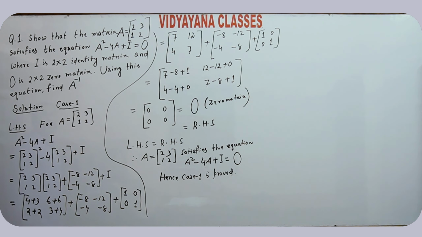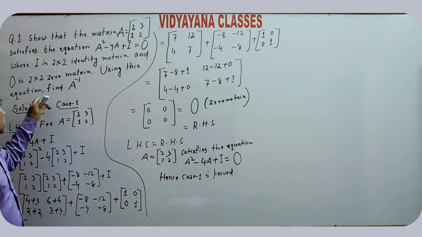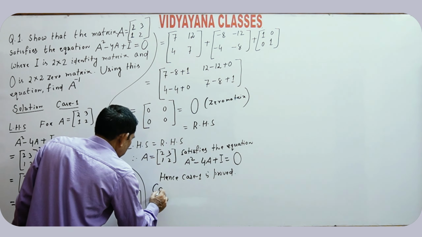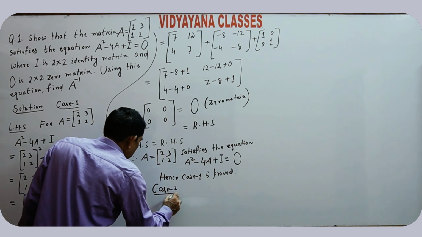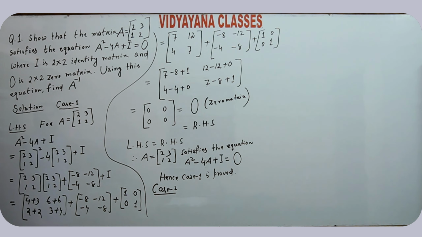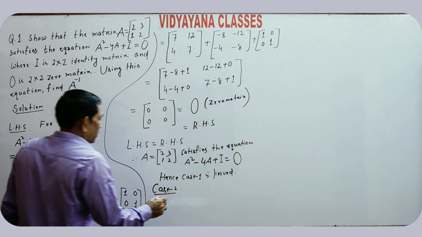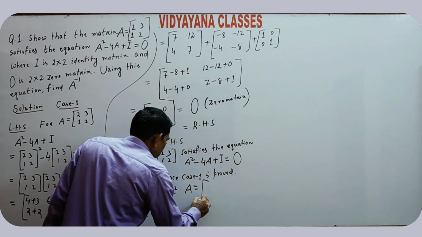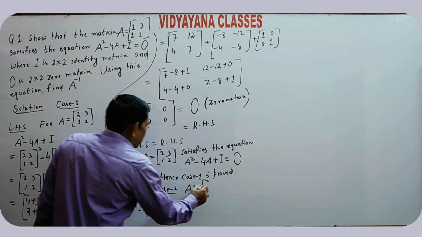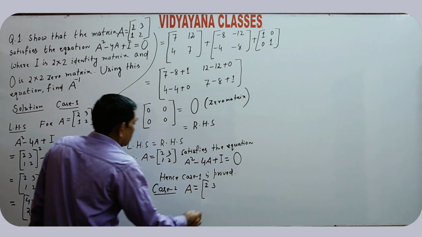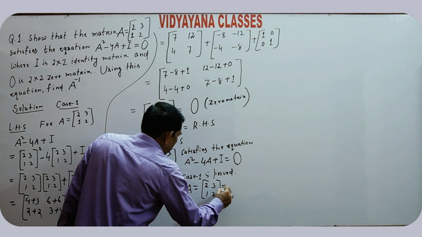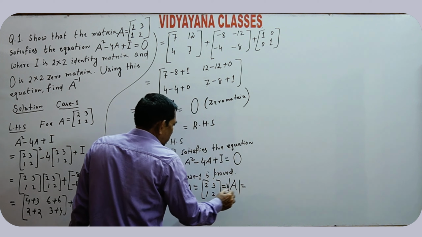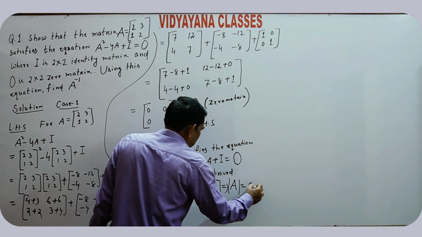Case 2, using this equation find A inverse. A is the given matrix having elements 2, 3, 1, 2. The determinant of A is equal to 4 minus 3, that is equal to 1, not equal to 0.